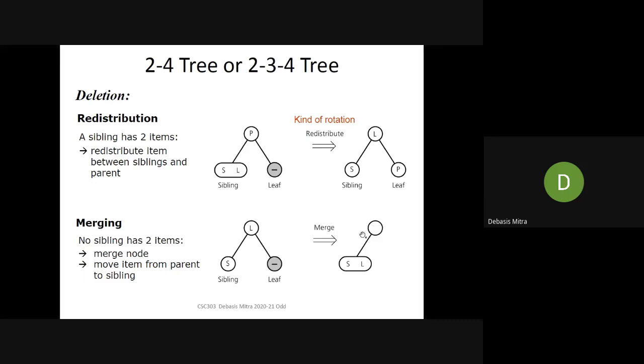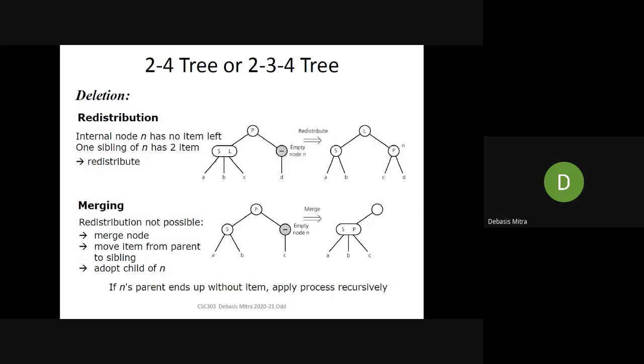So we have to recursively apply the same technique, either redistribution or merging, as the case may be, and we may have to continue up to the root. The problem may recur all the way up to the root, and if it really does, then the height of the tree will be diminished by 1. It does not always happen, but in some cases it may.